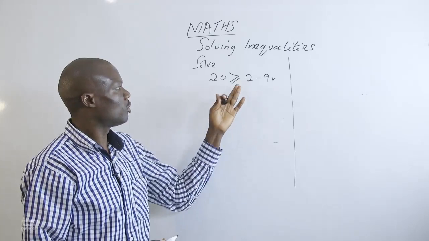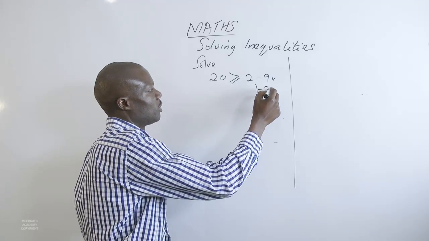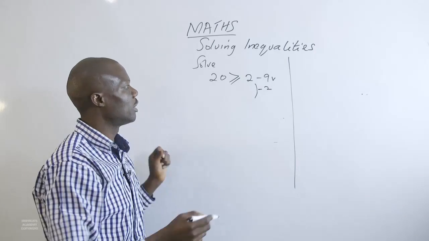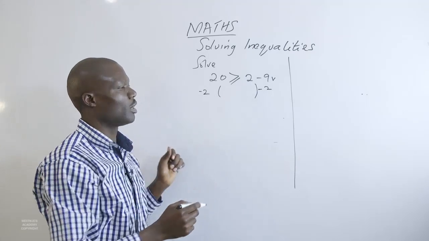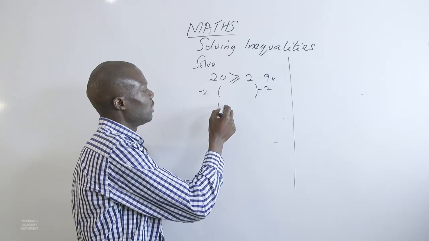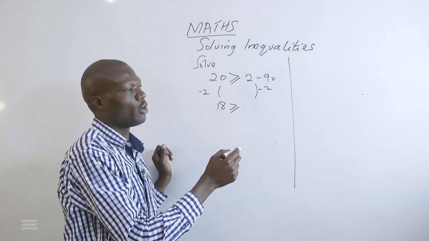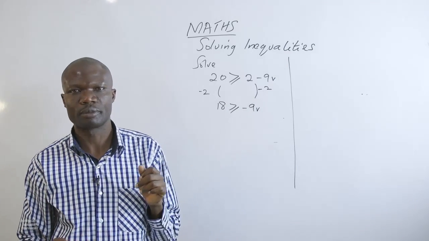First approach, we work by subtracting 2 from this side and also subtracting 2 from the other side. You'll find that you have 18 is greater than or equal to negative 9v.